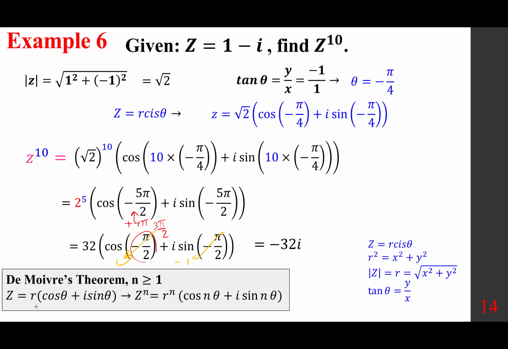And if we wanted to raise this to the power of 10 directly, it would have taken a long time. So we say 1 minus i to the power of 10 is simply -32i.